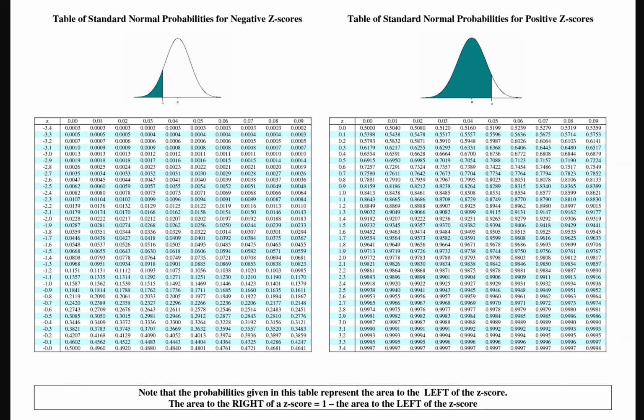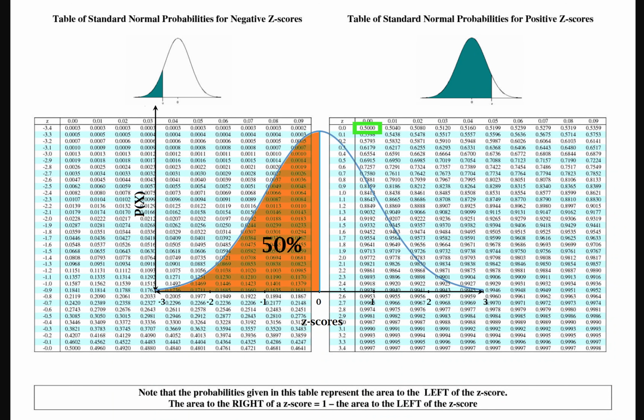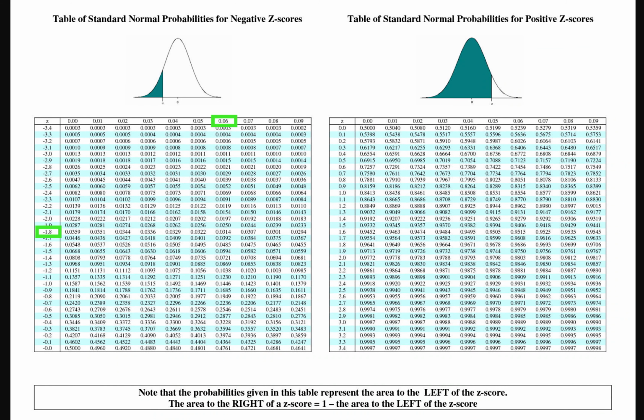For example, if you look at our z-score table and go to 0.00, it is matched with the value 0.5. This means 50% of the total area under the curve is to the left of my z-score 0.00. If I look at the number associated with the z-score of minus 1.86, it is 0.0314.